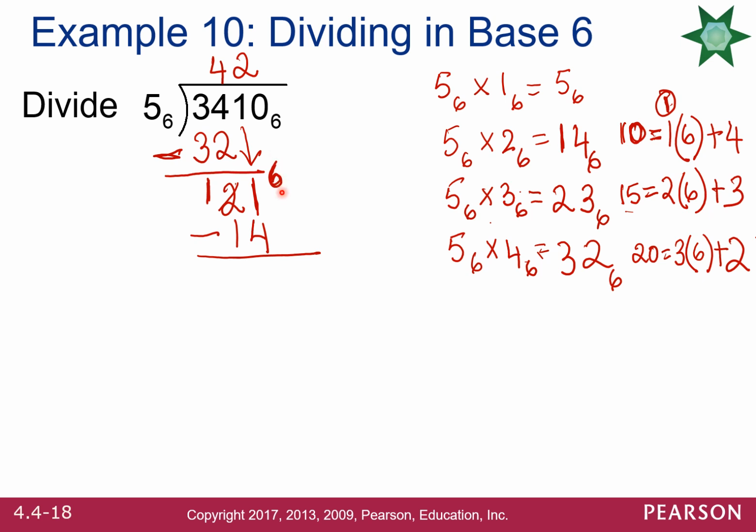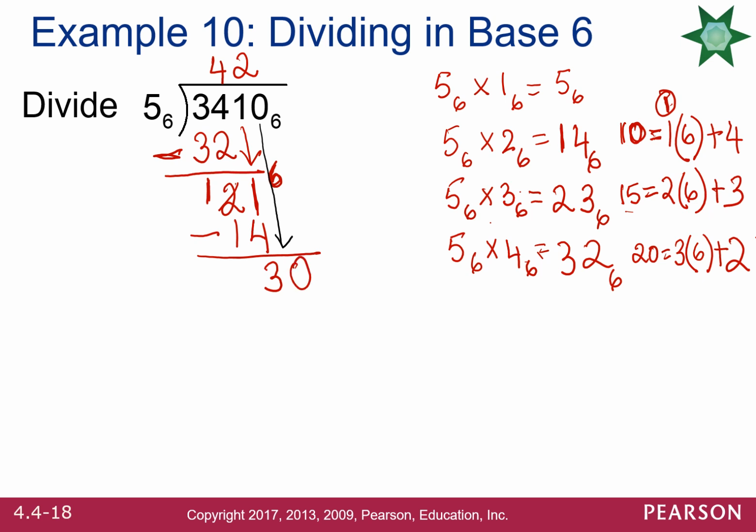So the way we do the subtraction is 6 plus 1 is 7. 7 minus 4 is a 3. So we are going to write a 3 here. And 1 minus 1 is a 0. So we are good there. So this is 6 plus 1 minus 4 is what we do. Now we have to bring down the 0. So let's bring this 0 down and write it next to the 3.